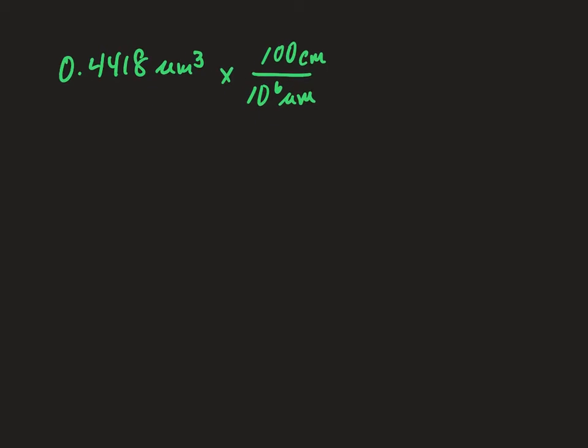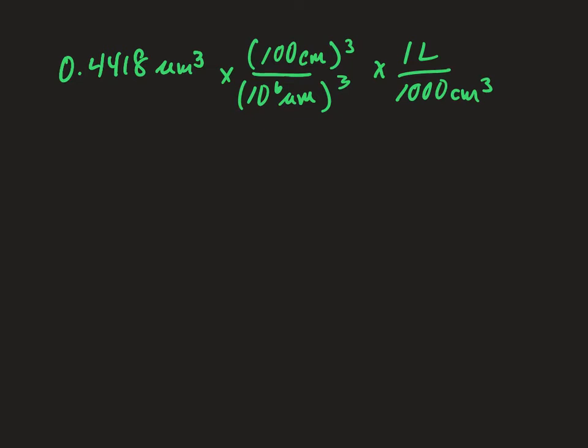And so if we cube both of those numbers, that would convert our cubic micrometers into cubic centimeters. But then we know that 1 liter is 1,000 cubic centimeters.